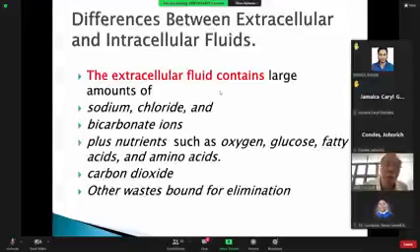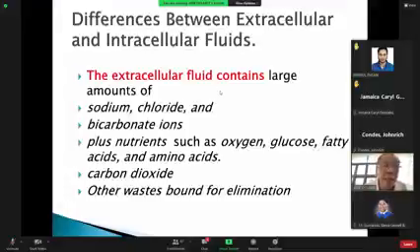So under ordinary circumstances, if you are referring to the fluid, there is less calcium in the intracellular fluid than in the extracellular fluid. Plus, what are other components that are abundant outside the cell?